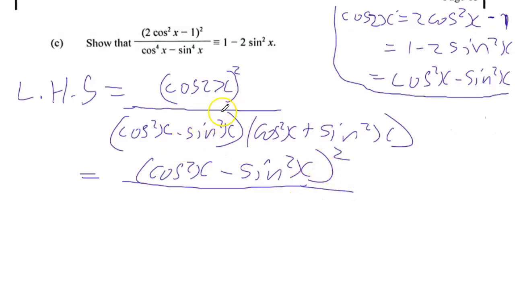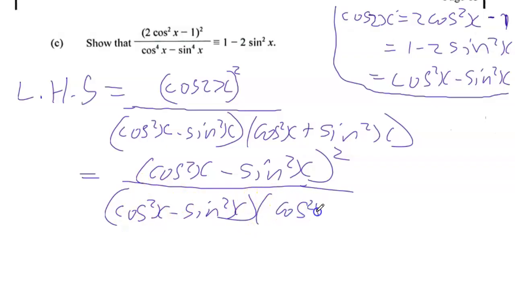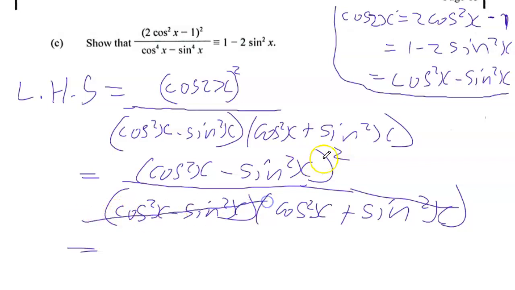In the denominator, we have the same difference of squares, so (cos square x minus sine square x) over (cos square x plus sine square x). If you notice, what will happen now is that cos square plus sine square is 1 here, and there's a cos square x minus sine square x up here that would cancel this.